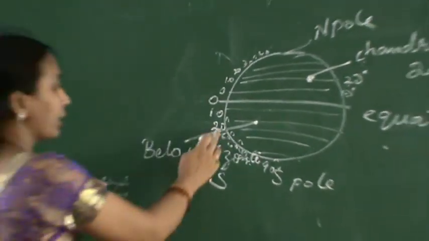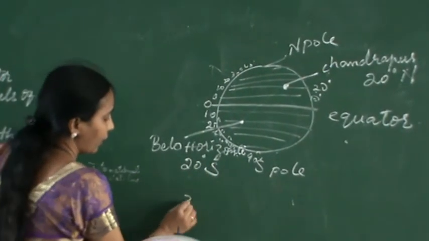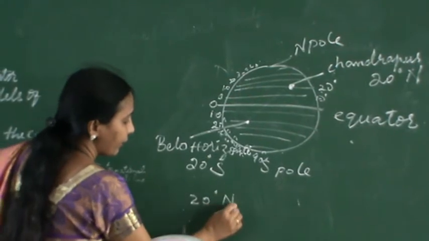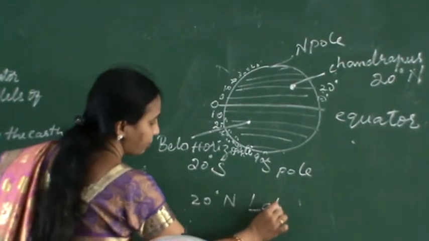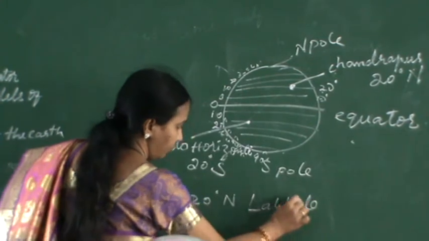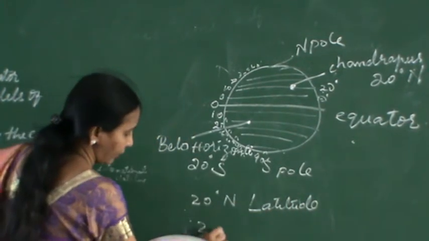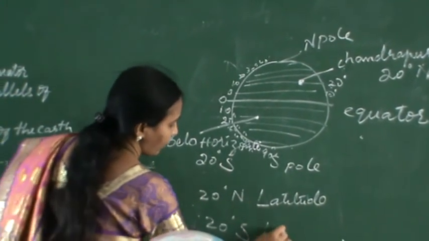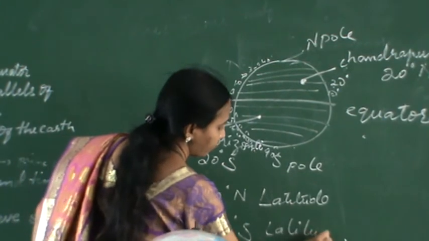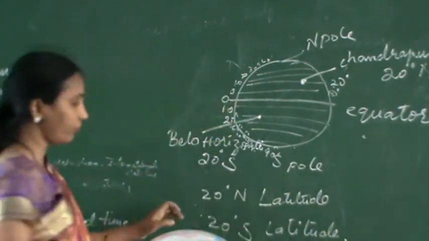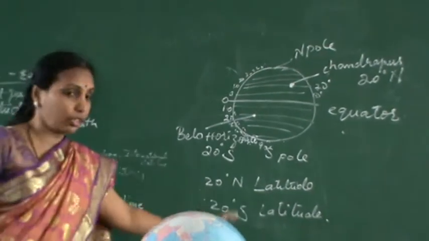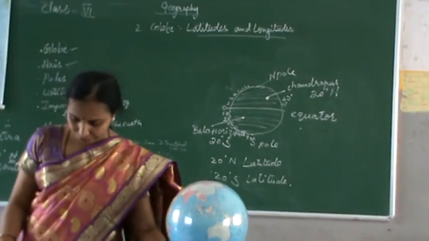Like this. Both are on 20 degrees, one north latitude and the other south latitude. You understood? North and south latitude.